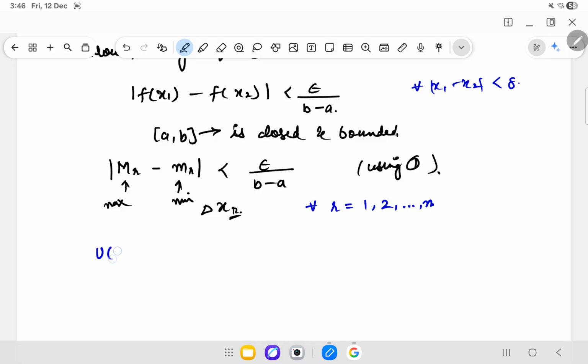Now if I calculate U(P, f) minus L(P, f), it will be equal to the summation from r equals 1 to n of Mr minus mr times delta xr, where delta xr is the length of the rth subinterval for the partition P.